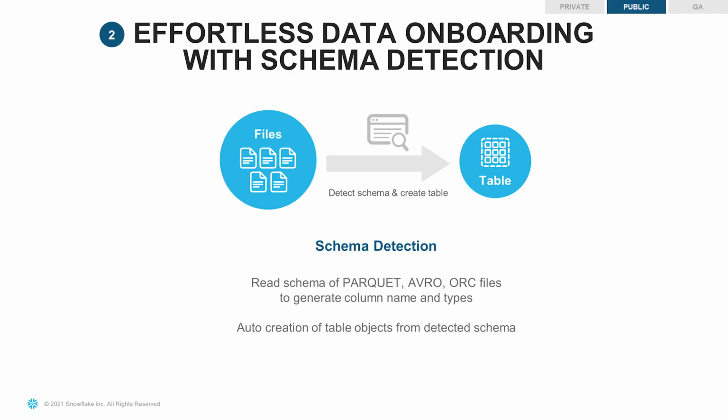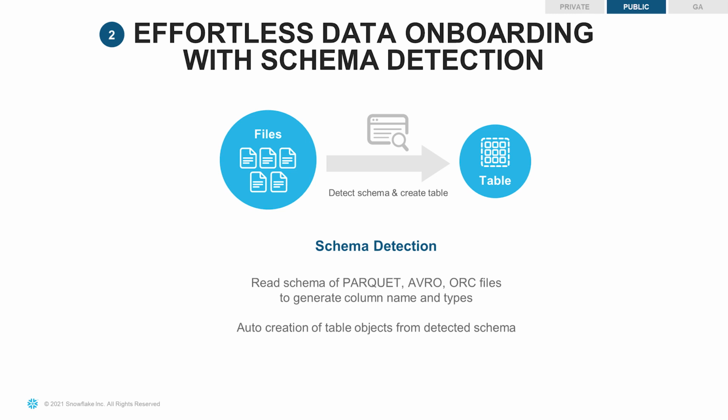The second capability, in the same vein of making pipelines faster and more efficient, is schema detection. Schema detection now allows developers to understand the schema from underlying files like Parquet, Avro, and ORC without manually trying to detect the file structure and writing DDLs manually to create new tables.